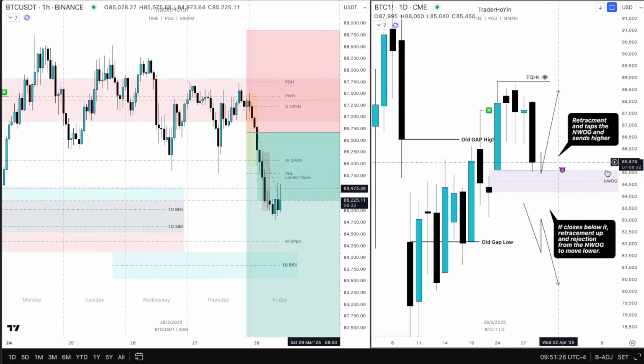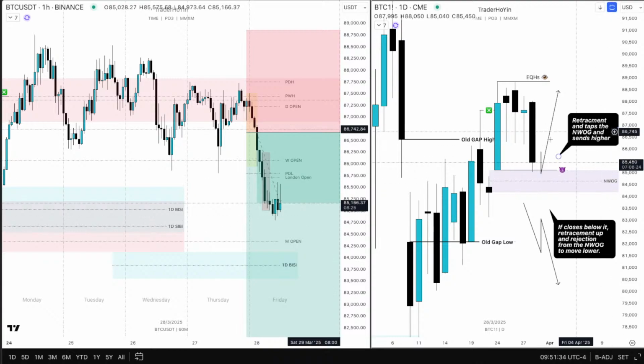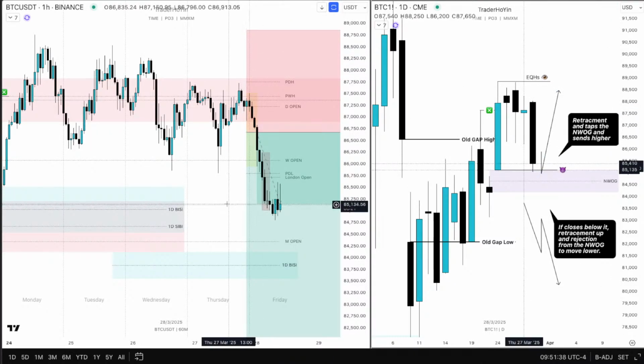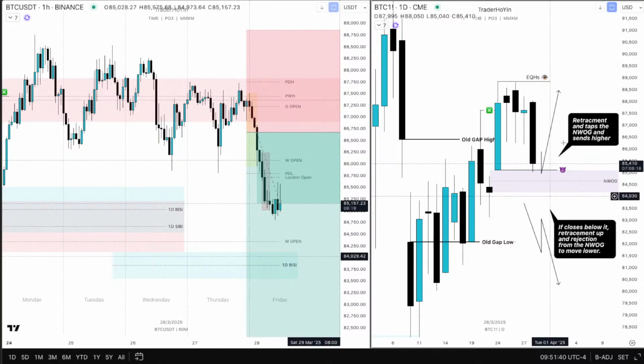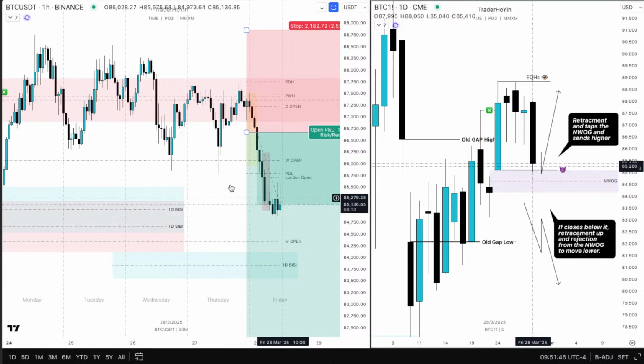Because the price difference from these two charts, they always want to match. So if the futures price is higher and the exchange price is lower, the futures price usually will drop back down to match the exchange price.